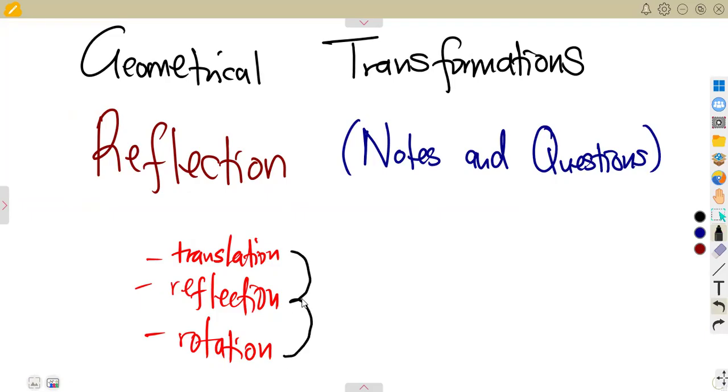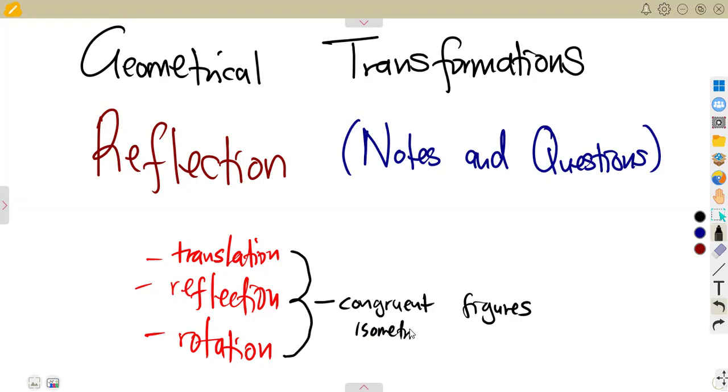Of the three transformations, translation, reflection, rotation, the only property that we refer to these three together is the congruency. The object and the image are congruent figures. They are isometries.